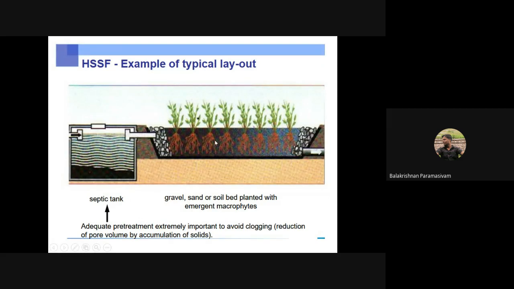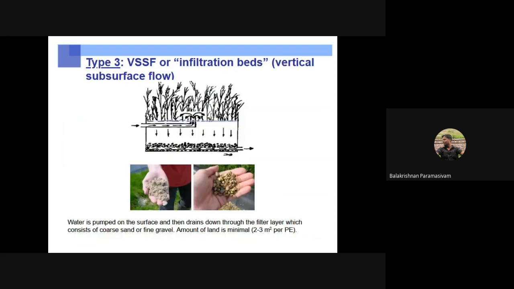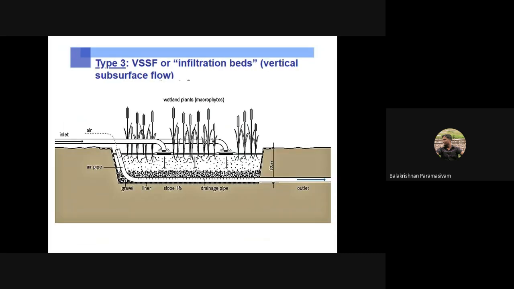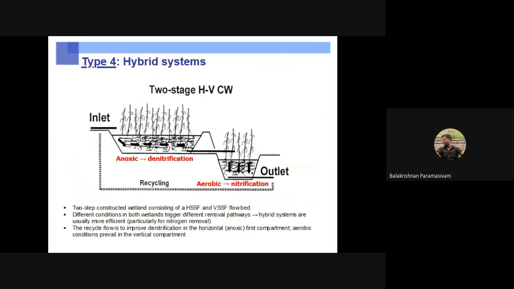So the application is very simple. Wherever we are receiving very less quantity of sewage flow, but it cannot handle very high quantity. Like for any hostel, if you see in IIT, most of the hostels will have their own constructed wetland treatment system.